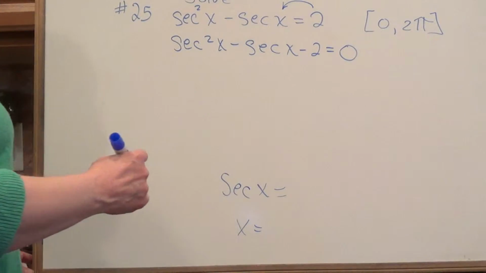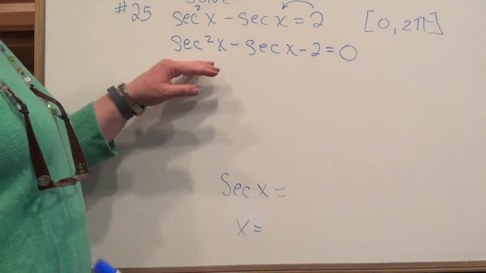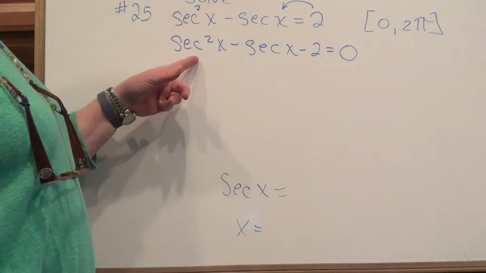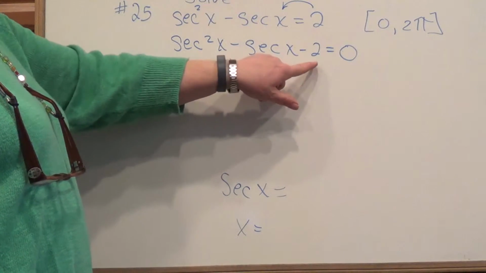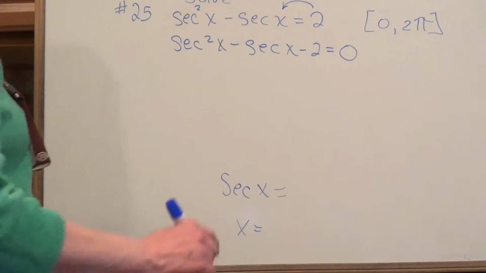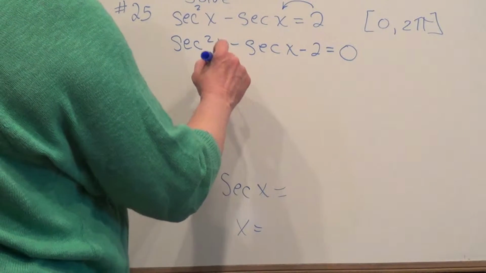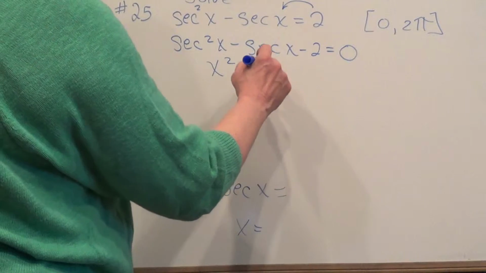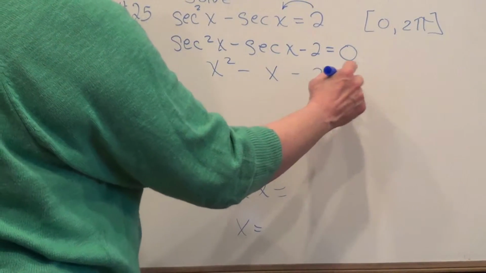And now we want to factor. Previously, you could remove a common term, but there's a secant here and a secant here, but there's no secant in the 2. So we have to factor this similar to the way we did in Algebra Land when it said x squared minus x minus 2.